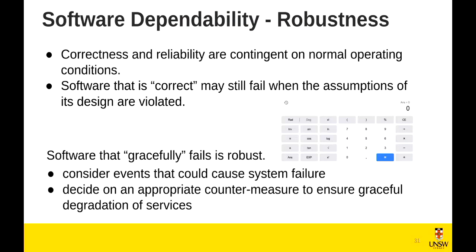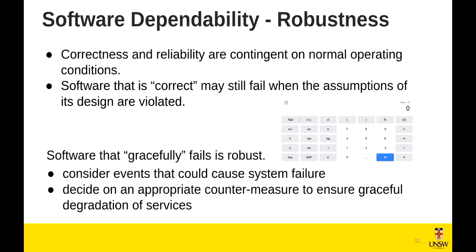So software could fail, it's allowed to fail, but software that gracefully fails is considered robust. So this calculator is actually quite robust in this way. In order to design a system that is robust, we should consider events that could cause system failures.